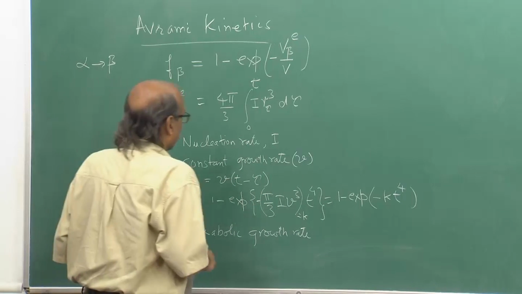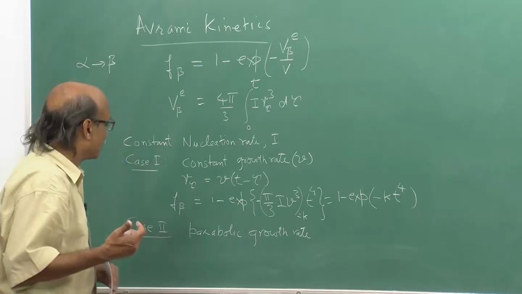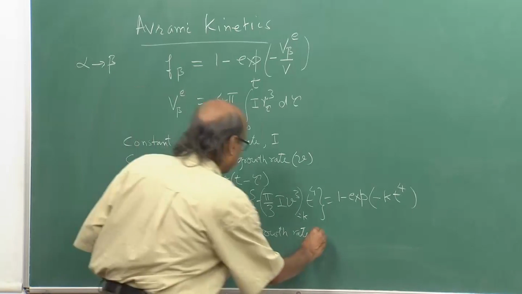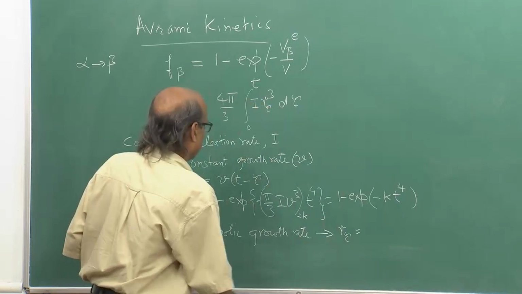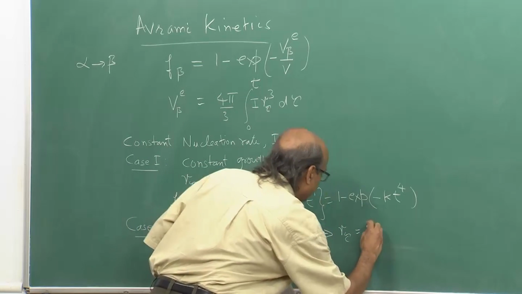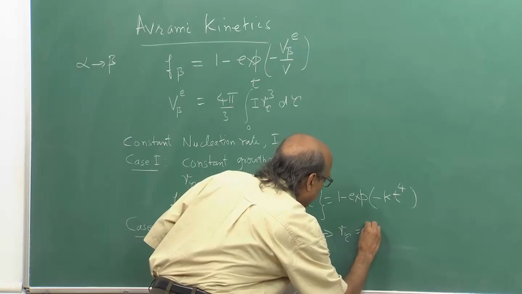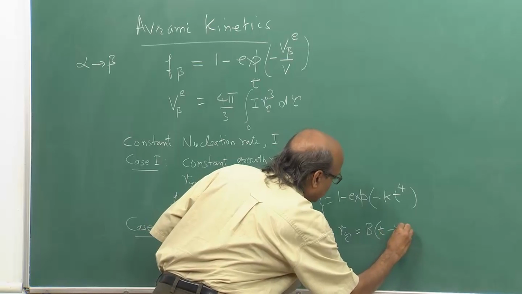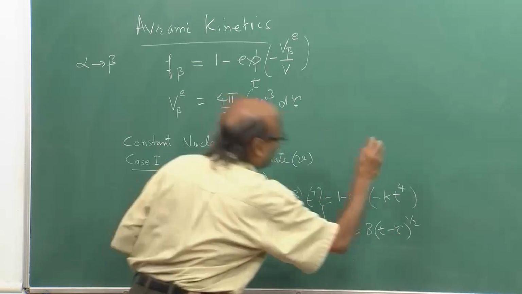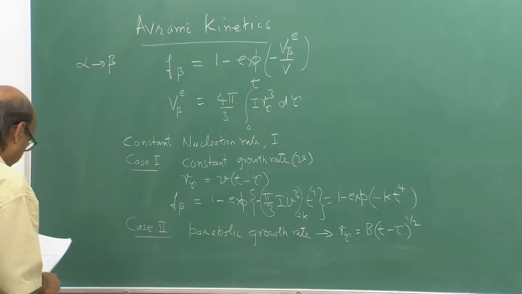That is, the growth rate is proportional to the square root of time, and hence r tau in this case becomes a constant b times t minus tau to power half.